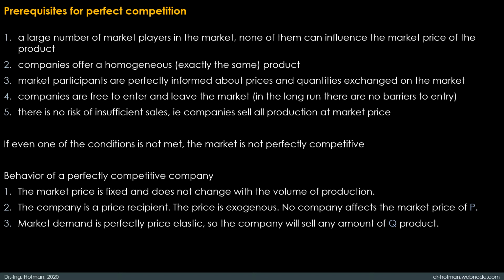The company is a price taker because it doesn't create the price, it doesn't influence the amount of price, just the amount of product. And also there is no player in the market which could influence the price for its own benefit. And the last condition, market demand is perfectly price elastic, so the company will sell any amount of the product, as we said before.